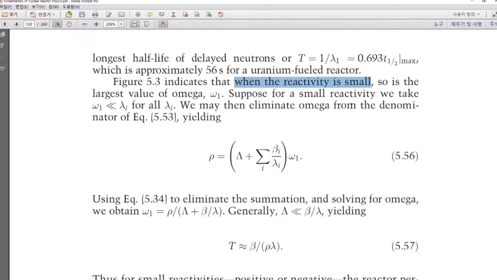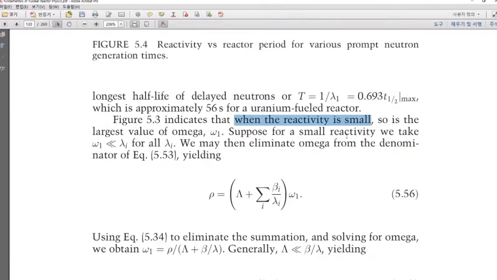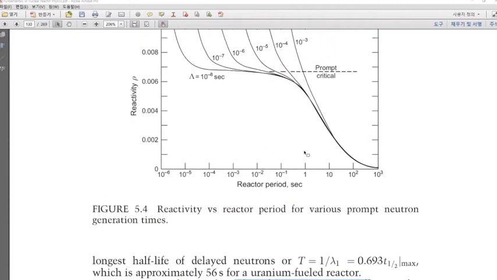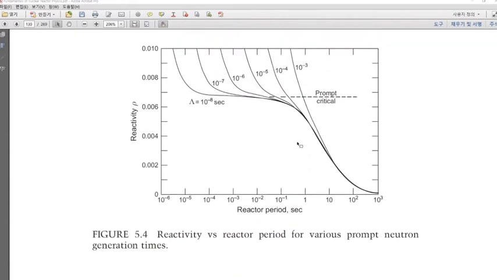So for the next case, again, we are going to go back to figure 5.4.